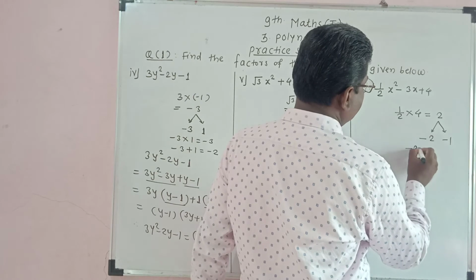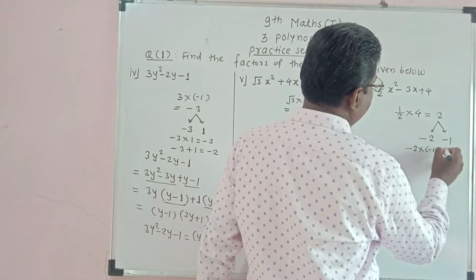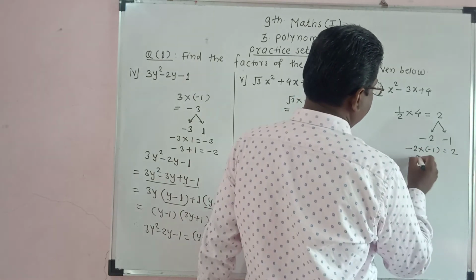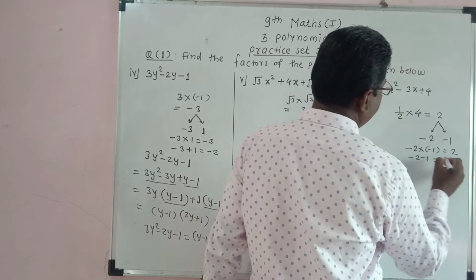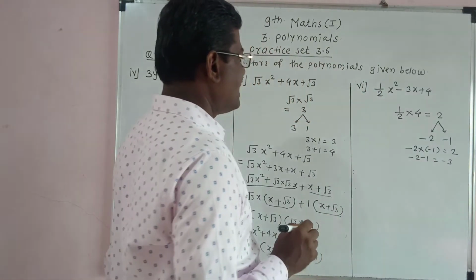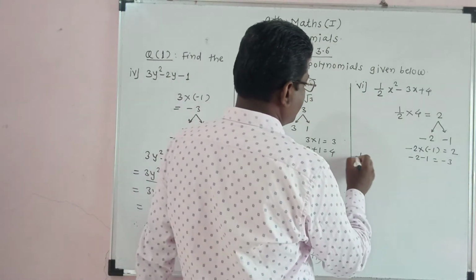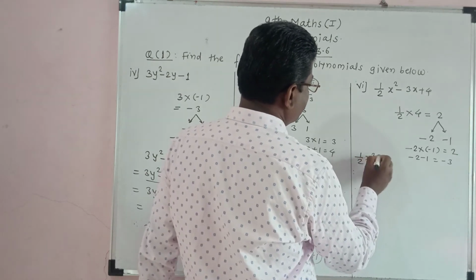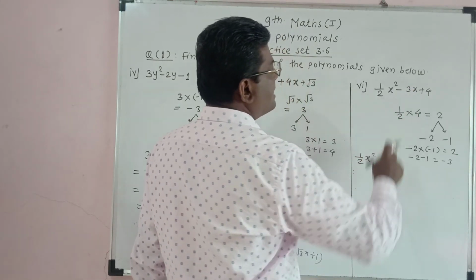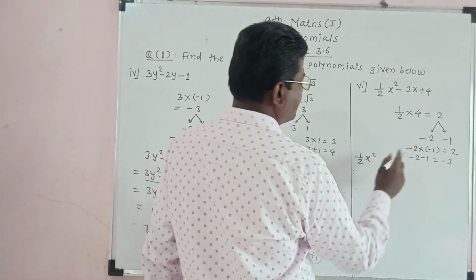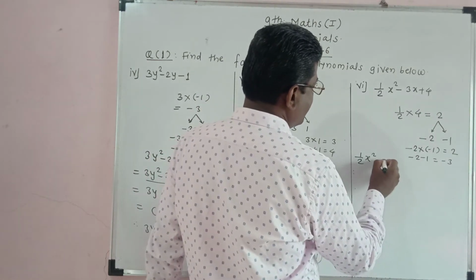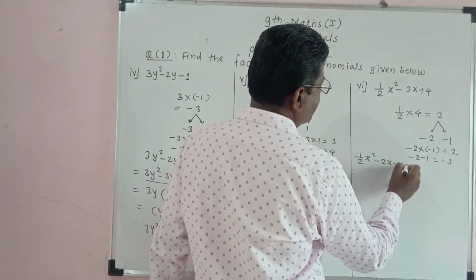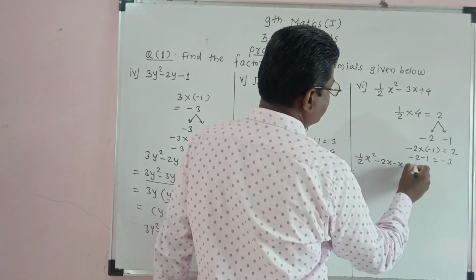So minus 2 into minus 1 is equal to plus 2, and minus 2 minus 1 is equal to minus 3. Now let's solve this example. 1 upon 2x square, now this minus 3x can be split up as minus 2x minus x and plus 4.